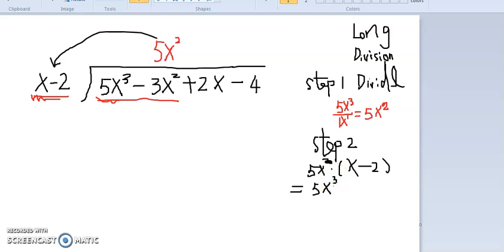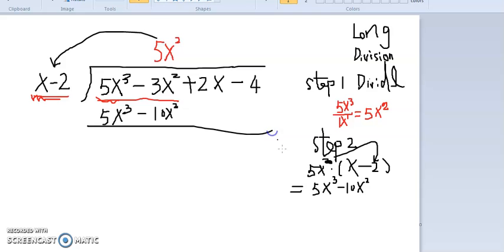And then we take 5x squared times negative 2. 5 times negative 2 is negative 10, and x squared will just be x squared. So we're going to take this whole thing and put it right below 5x cubed minus 3x squared, lining up. So that's the multiplication step we're doing.